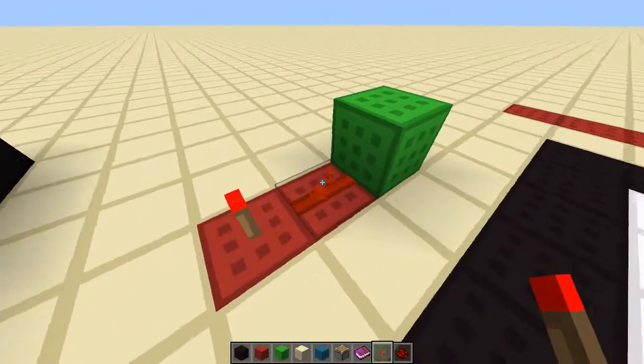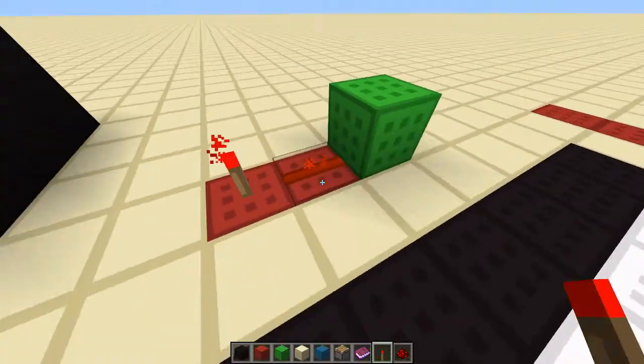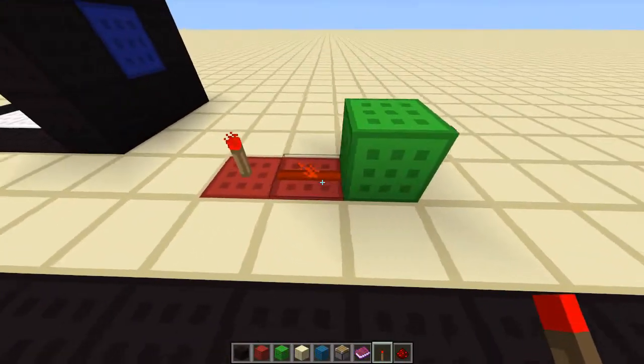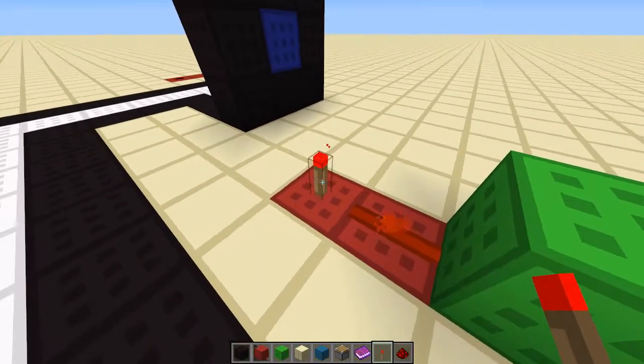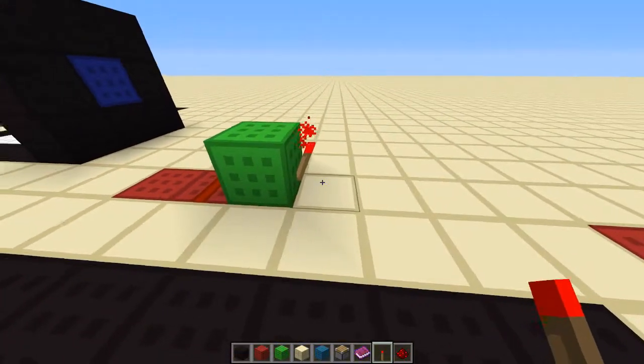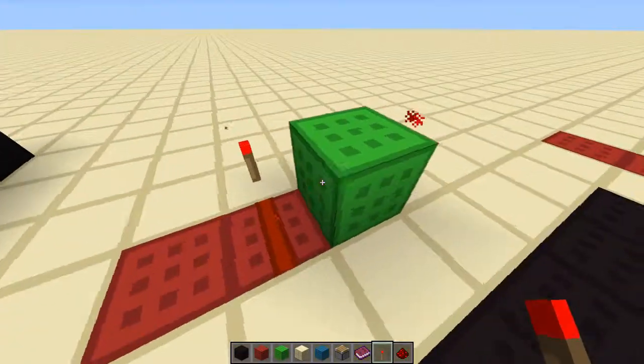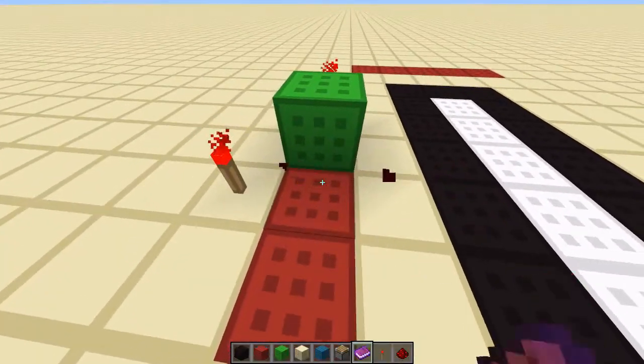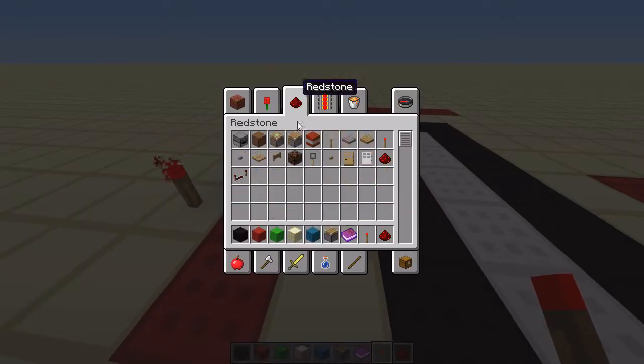One thing to note about logic gates is they need to be set up so that this wire is going directly into it. For example, if I did this wire here, then it's going to be on, because this block isn't receiving power from that because it's not going in. You can also do this with repeaters as well, if I just grab a repeater.